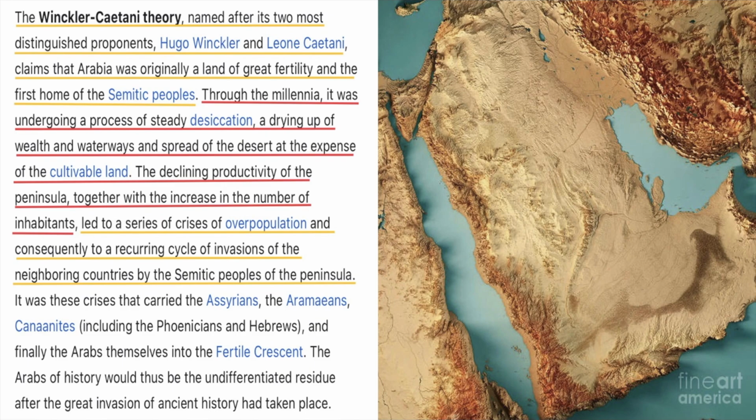Through the millennia, it was undergoing a process of steady desertification, a drying up of wealth and waterways, and spread of the desert at the expense of the cultivable land. The declining productivity of the peninsula, together with the increase in the number of inhabitants, led to a series of crises of overpopulation and consequently to a recurring cycle of invasions of the neighboring countries by the Semitic peoples of the peninsula.